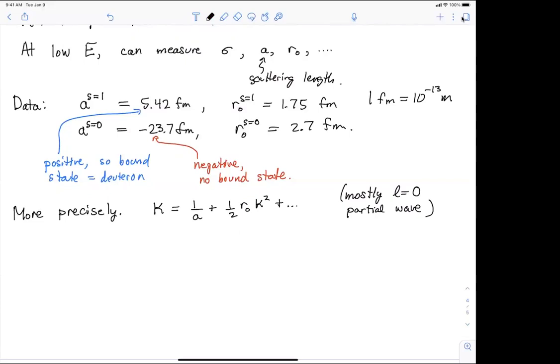It's got a little bit of a mixture of L equals 2. One way we know that is that if the deuteron was all L equals 0, it would be spherically symmetric, and that would mean it would not have a quadrupole moment. But it's been measured that the deuteron does have a quadrupole moment. And so maybe I should have put here a small mixture of L equals 2.